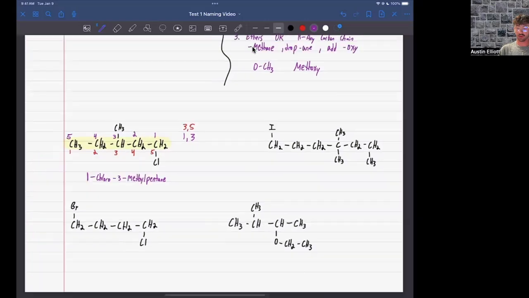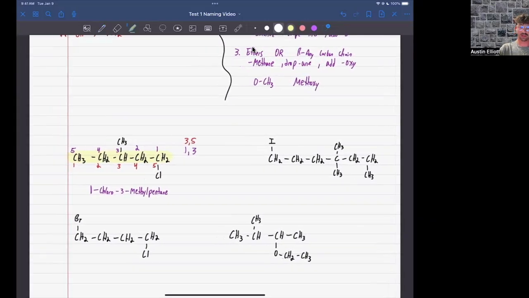So now moving on to another one. We can first highlight our longest chain. So we're going to go this way and down. And then we're going to number once again. We're going to go 1, 2, 3, 4, 5, 6, 7.